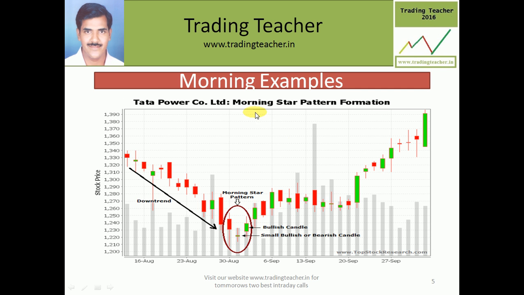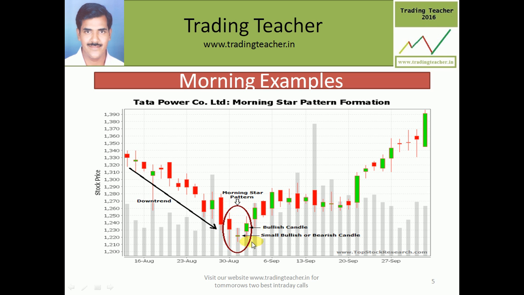Tata Power was around 1300 to 1400, and currently Tata Power has split and is around 77 or 78. We have to find the morning star pattern here. I have already marked it. The market fell from 1400 to 1200, and this pattern formed here. This circled area indicates that the morning star pattern has formed.